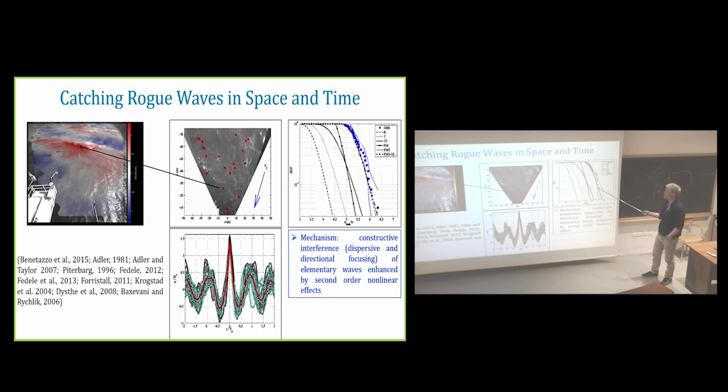It apparently seems that the generation and explanation of the very high crest height taken in space-time was dispersive and directional focusing enhanced by second-order nonlinearities, which is a powerful mechanism to generate large waves, whether or not they exceed the rogue wave threshold.